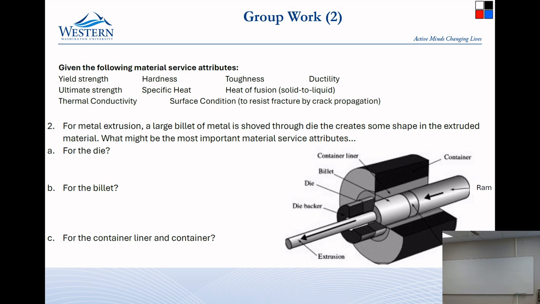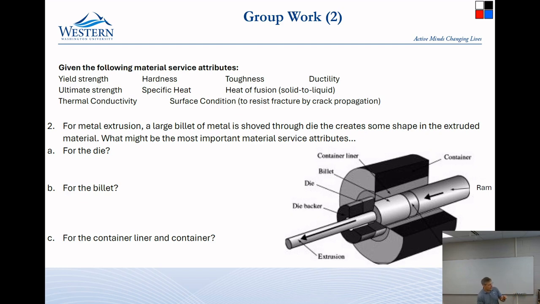Then this ram is going to come in here, and it can also happen if you don't control friction very well, because then you start pushing on this billet and it will slam into the die. And the die is in a bit of a weakened state because of the temperatures from the friction and maybe from the heated material.